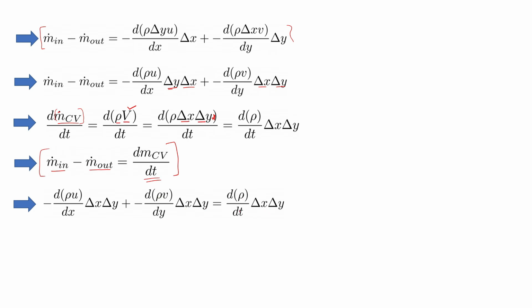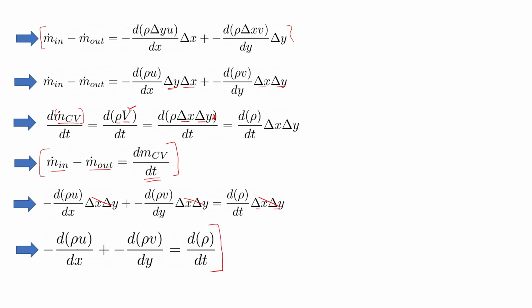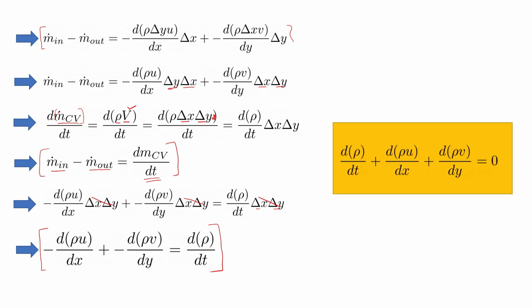This is equal to d rho by dt into delta x into delta y. So we can cancel out delta x delta y from LHS and RHS. So you will get this equation, minus d rho u by dx plus minus d rho v by dy is equal to d rho by dt.